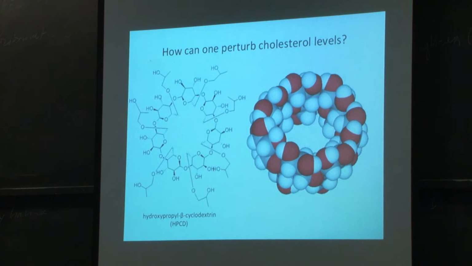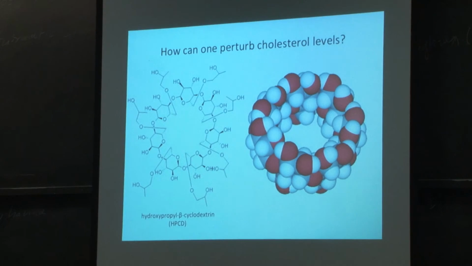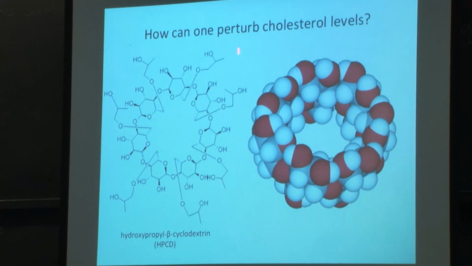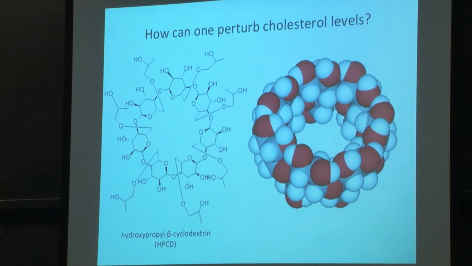And when they do that, this is the picture of the cyclodextrin. You can see the only difference is this group here versus that with a methyl. And this is hydroxypropyl cyclodextrin. It's like a cavity like this, and the only other change here is a methyl group, removing that.